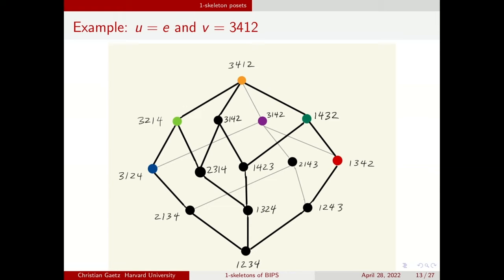No, it should be 1, 3, 4, 2. No, it's here. Okay, so it should have length 3. Oh. 2, 4, 1, 3. Okay. Good catch.